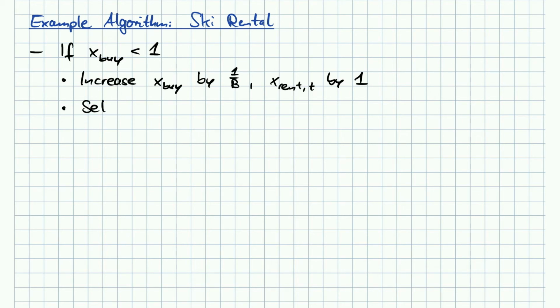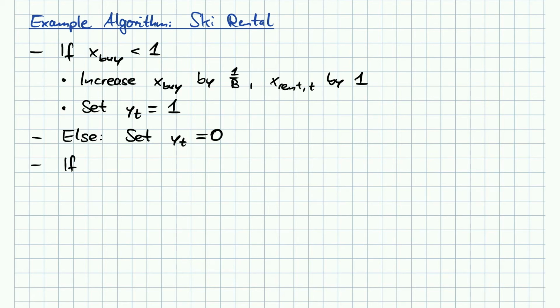We will set yt equal to 1, which means that we are keeping track of how much we are spending. And this we will later use as a dual solution. And if we've already bought the skis, then we don't do anything and we set yt to 0.